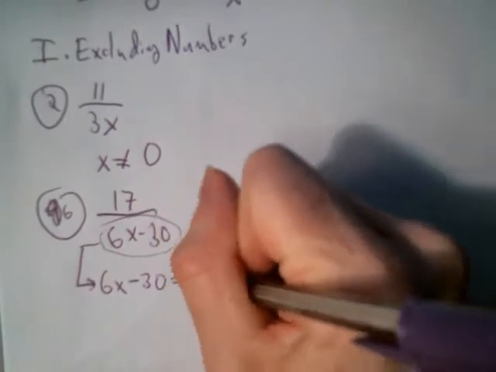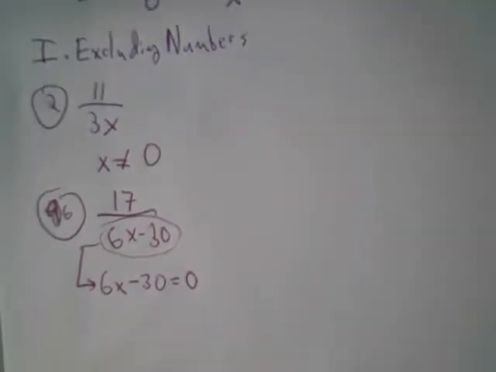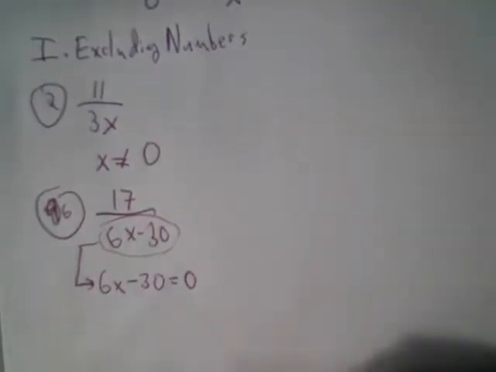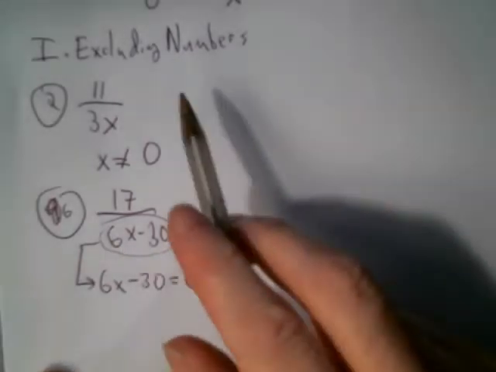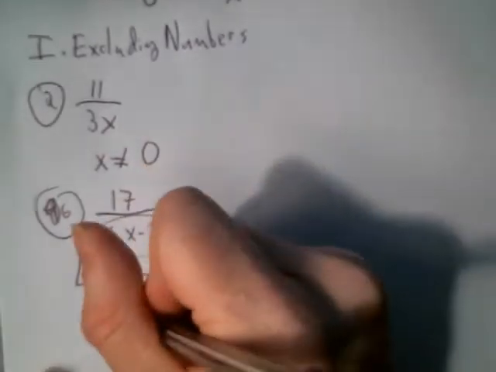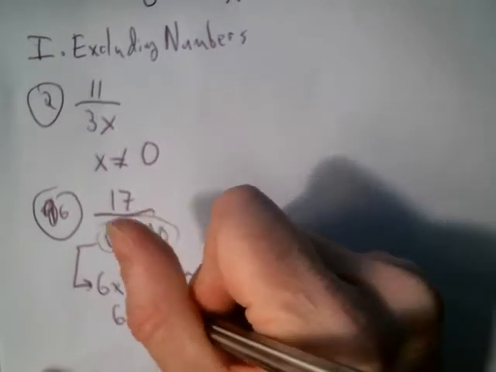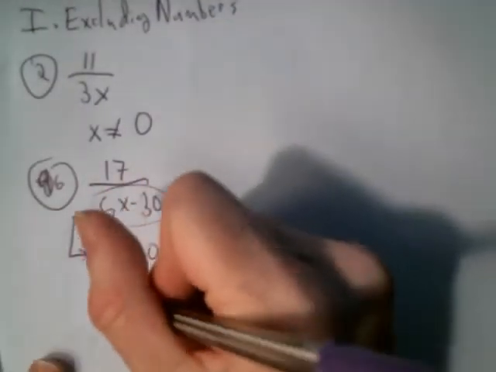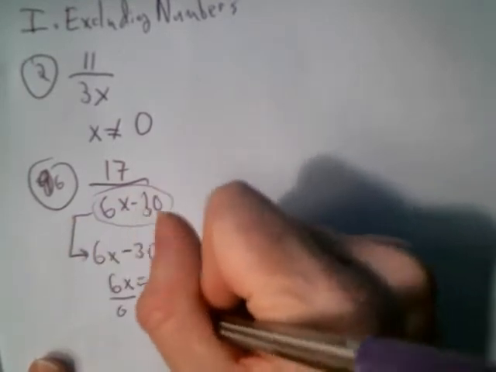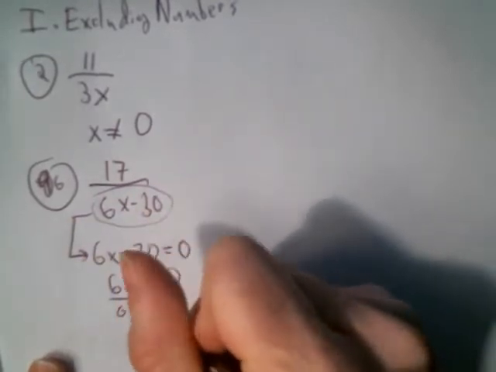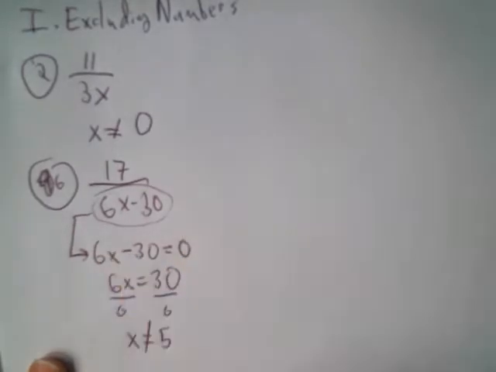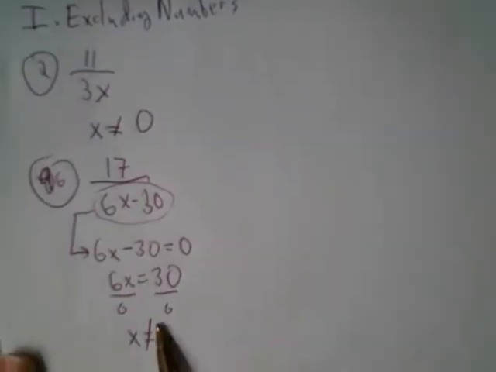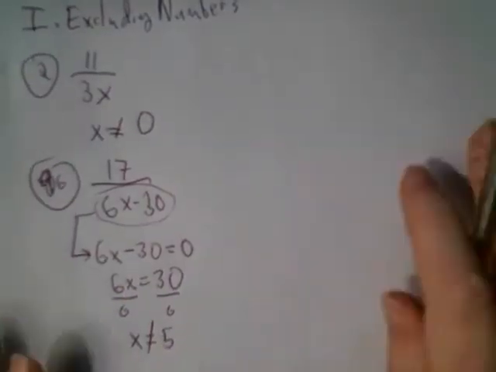Okay, and then solve that equation, and what you're going to end up with is the restricted value, the number you want to exclude. Okay, so if you add 30 to both sides, you get 6x is 30. Divide both sides by 6, and you get x is 5. So at the end of the day here, we have the restriction, and so how did we do this?